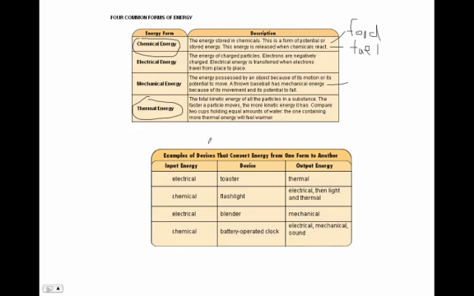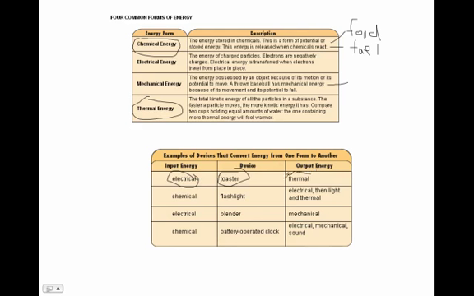When we speak of analyzing different devices or machines, we need to be aware of what their input and then intended output is. So let's look at some devices. A toaster, for example, the one that we plug into the wall, its input would be electrical, and its intended output, that is to say, what's its purpose, and that's to cook things.